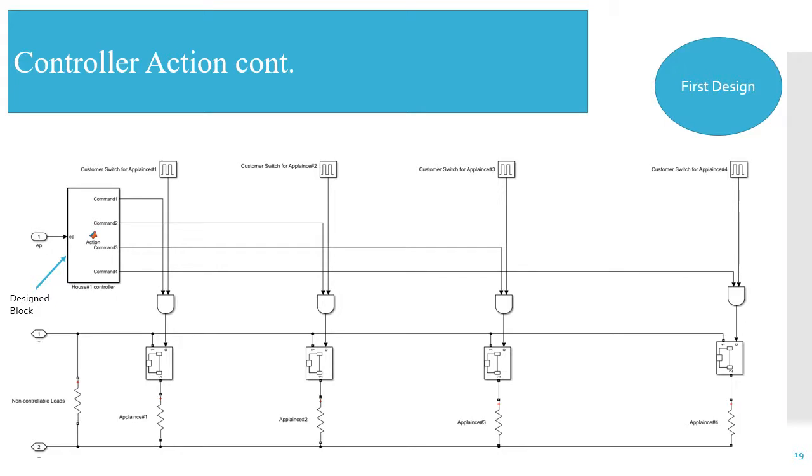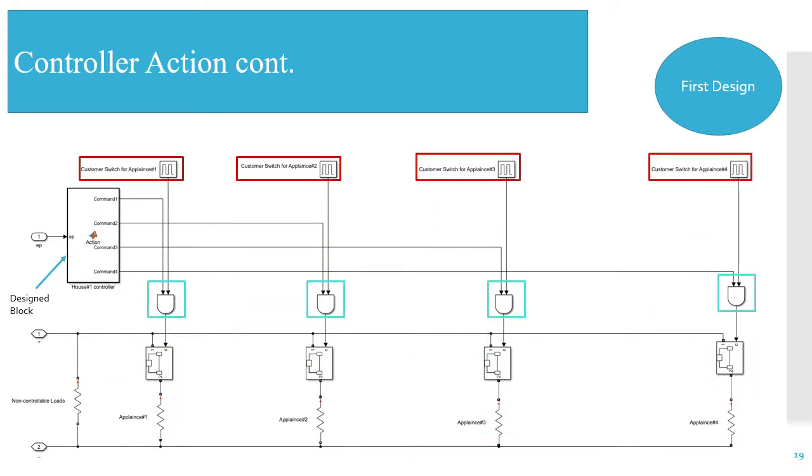This signal will be an input to the AND gate, and the second input is a signal that comes from the pulse generator to represent the consumer behavior of turning on and off the load.